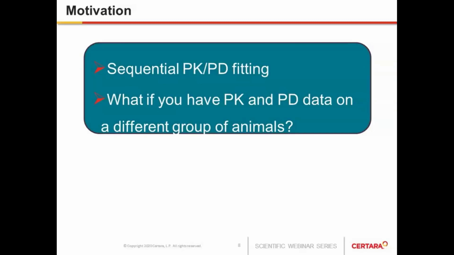Sometimes you have only PD data and you want to use the PK from a published or previous study, but still do an individual fit. You could use what I call a pseudo population estimate with variability for the unknown PK.